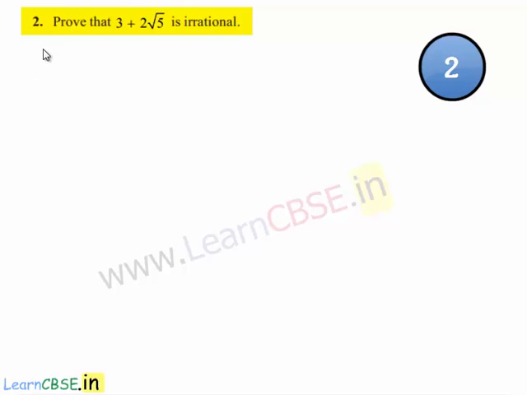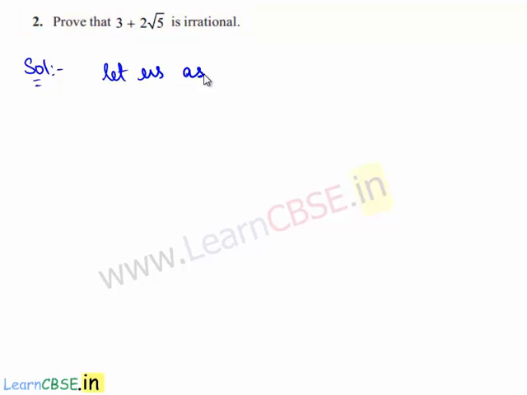Now let us move on to the second question. The second question is to prove that 3 plus 2 root 5 is irrational. So let's move on to the solution. To prove 3 plus 2 root 5 is irrational, let us assume the contrary.